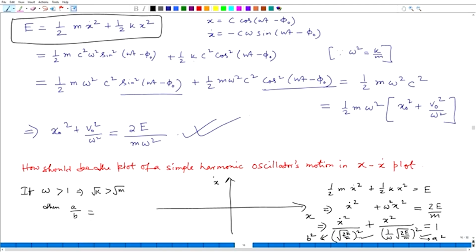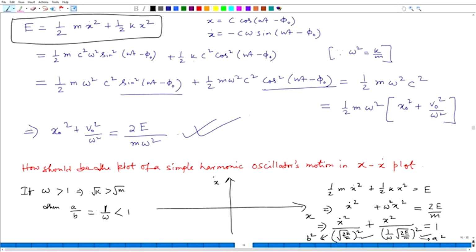Okay. So, whenever I have this condition, then a by b will simply be 1 over omega, and if I have this, then that will be less than 1, and then a would be less than b.